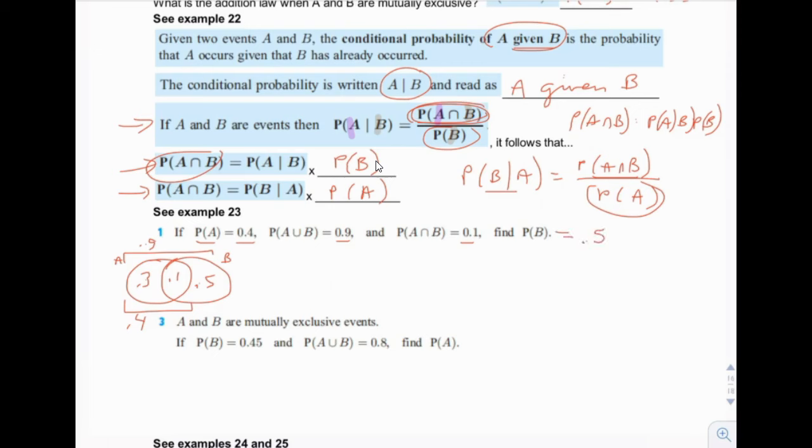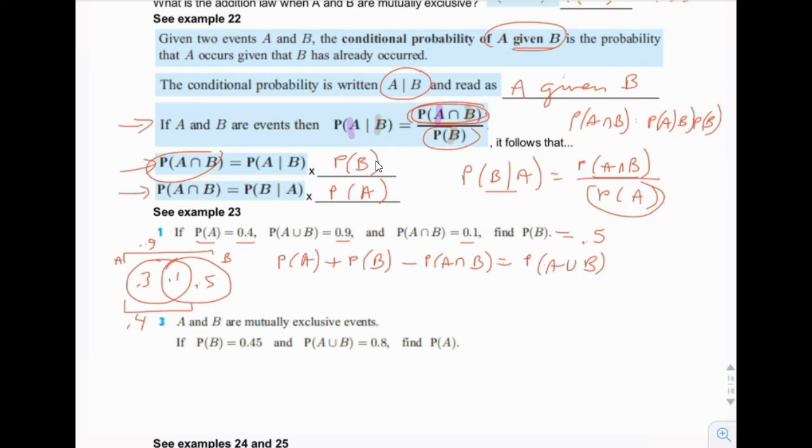The other way you can figure it out is you use the addition rule. You know the addition rule. And then you just use algebra. A union B is equal to the probability of A plus the probability of B minus the fish part that's in the middle.